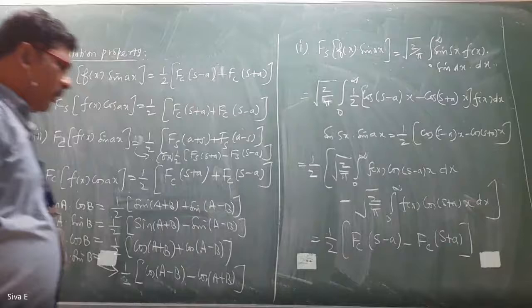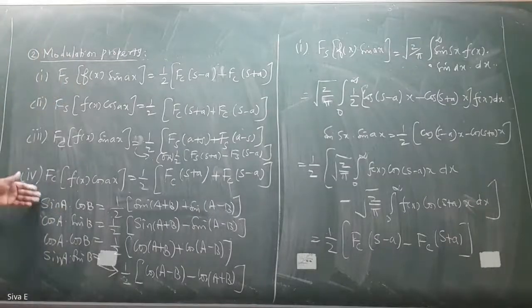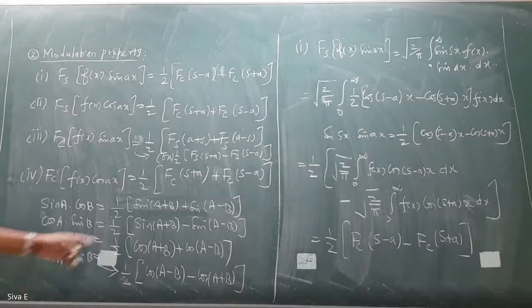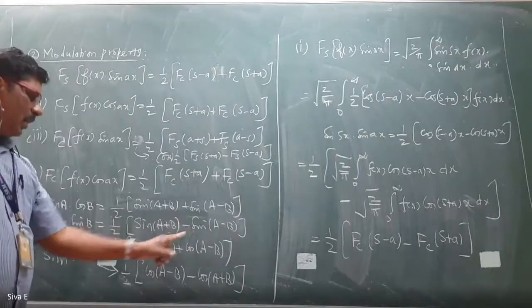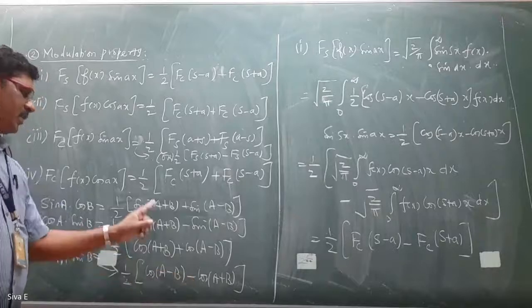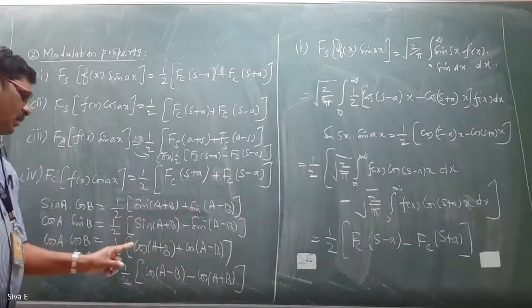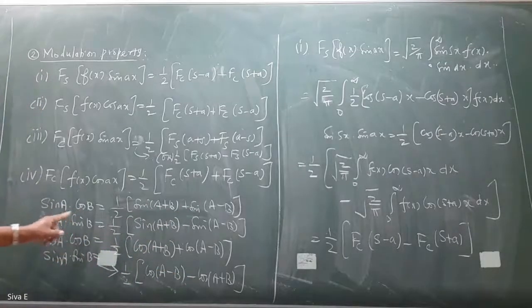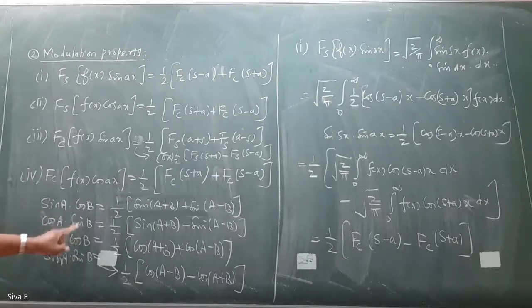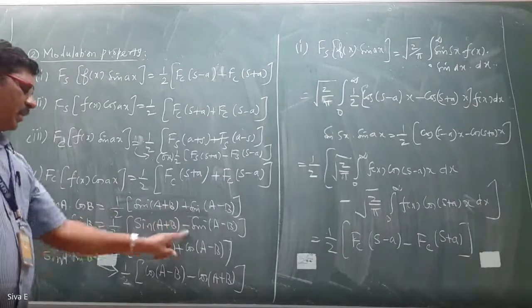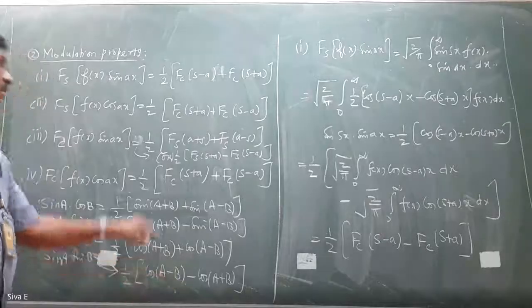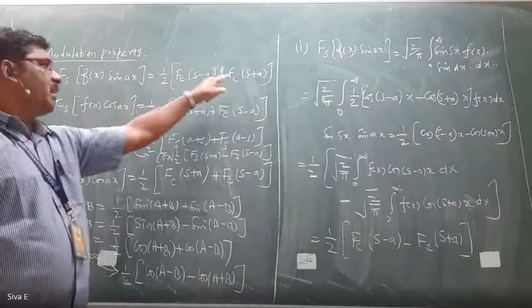Keep one more thing in mind. If you are doing that multiplication, whether it is a combination of sine or cos, the resulting terms should be sine only or cos only, not a combination of sine and cos. That's why, if it is Fourier cosine, here also you get Fourier cosine.